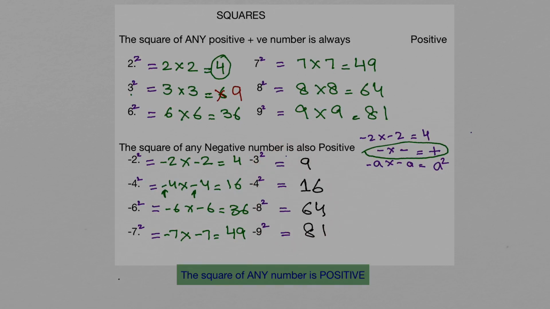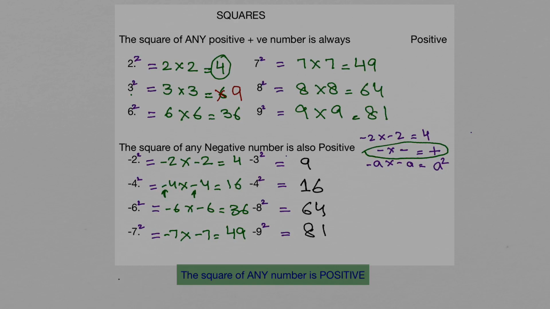Whenever they ask you minus 3 squared, you are expected to write just the answer, not to show the working. But if you want to show the working, you can. Up to year 6 and 7 you can, but from year 7 onwards it's best to write the answer down directly.